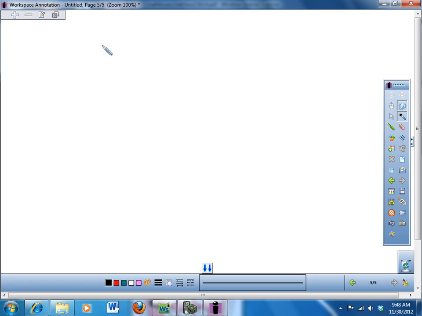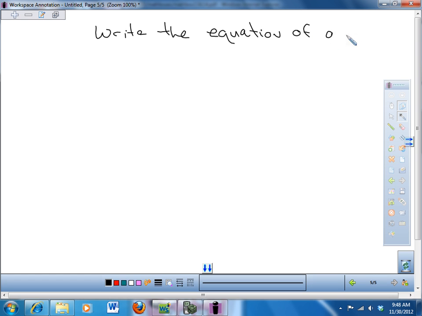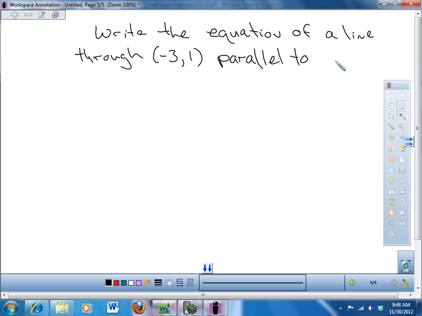Write the equation of a line through negative 3, 1 parallel to y equals 1/2 x plus 1. Okay? Could you do that?